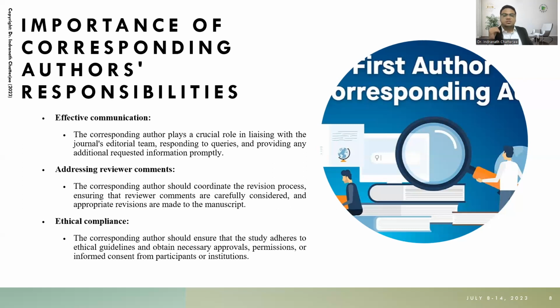The corresponding author should coordinate the revision process, ensuring the reviewer comments are carefully addressed. That means when you receive the revision, you have to spread the word among your co-authors and collect all the revisions, do the final revision on a single copy of the paper and submit the final version. And that is your responsibility as a corresponding author.